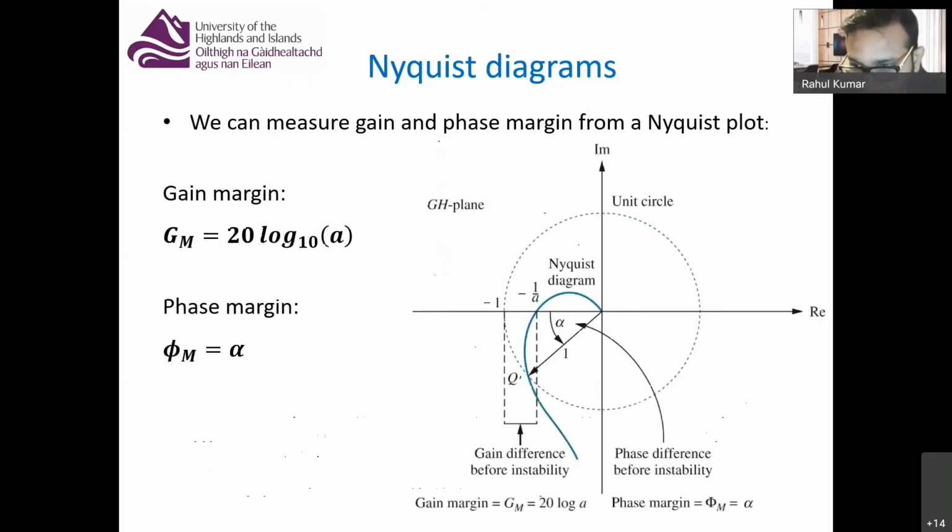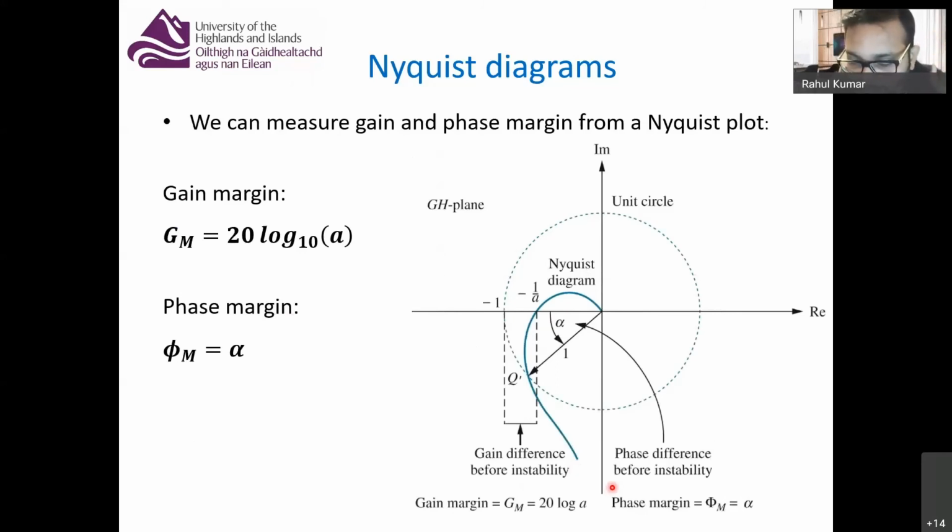Now, to find the values of gain margin and the phase margin, we follow a certain step. So again, this is your Nyquist diagram. The solid blue line is your Nyquist diagram. And again, I have considered only a part of the Nyquist diagram, right?